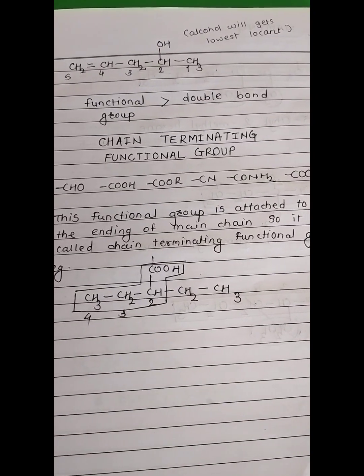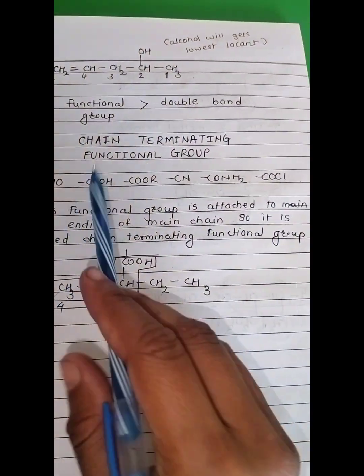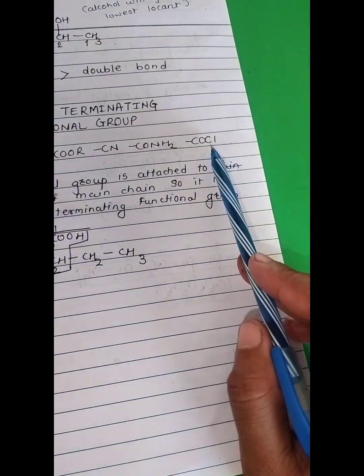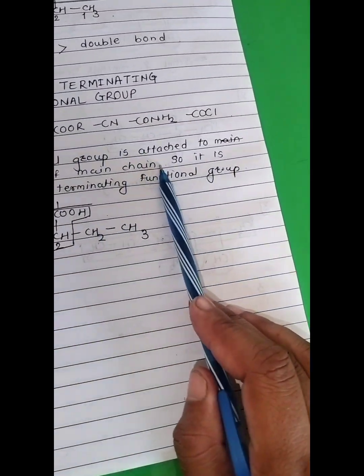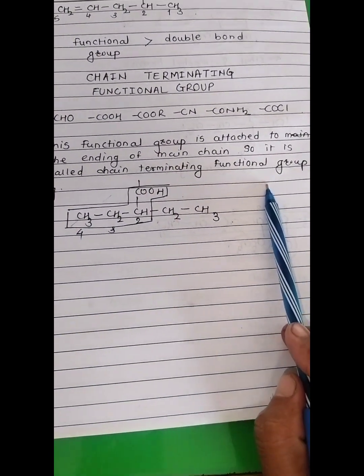The next term is the chain terminating functional group. Here CHO, COOH, COR, CN, CONH2, COCl. This functional group is attached to the ending of the main chain, so it is called the chain terminating functional group.